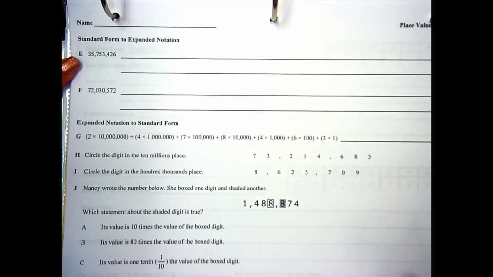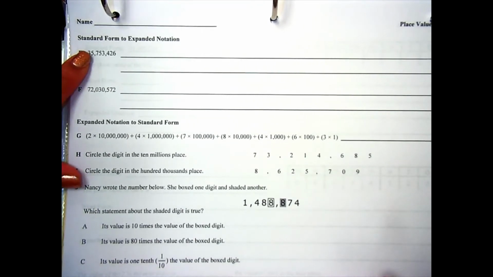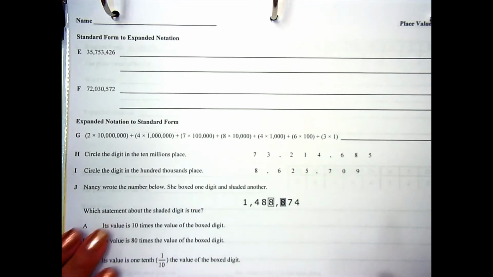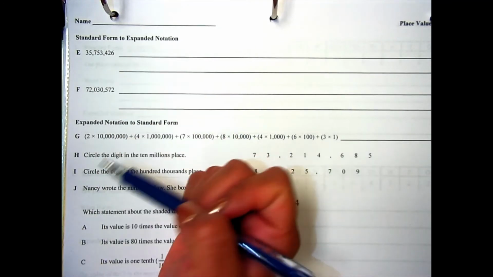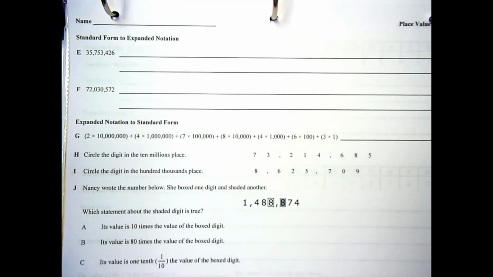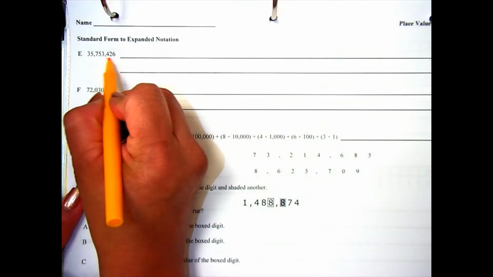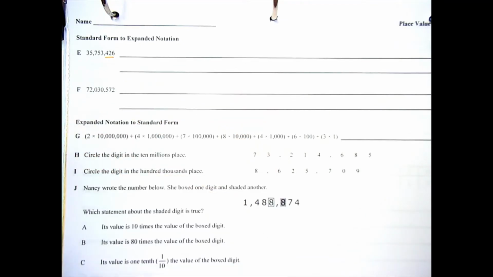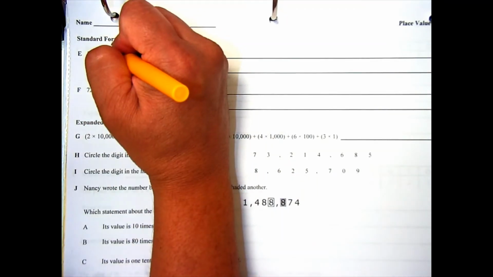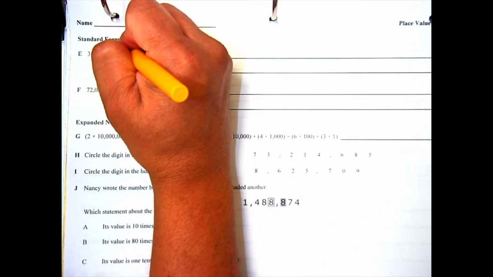E. All you're going to do here is change it from standard form to expanded notation. So what you're going to do on this one is label your periods. This is your ones period. So I'm going to put here ones period.